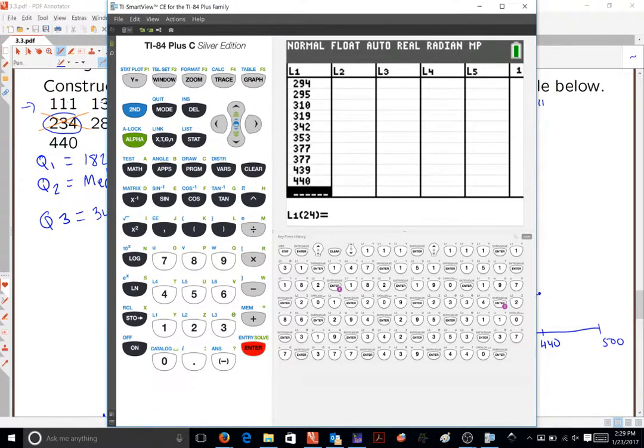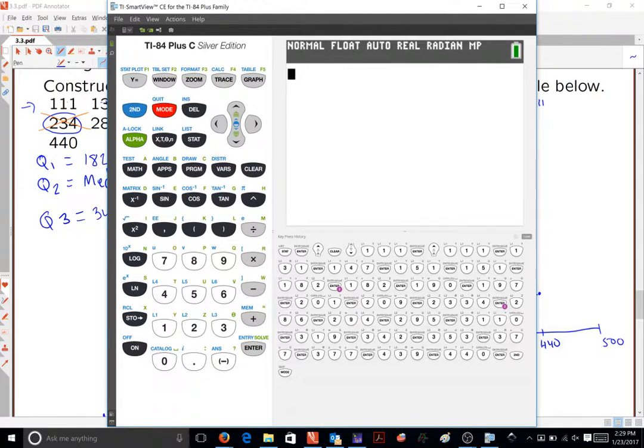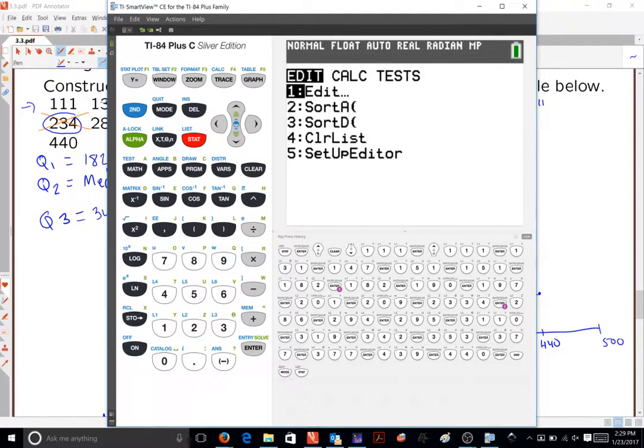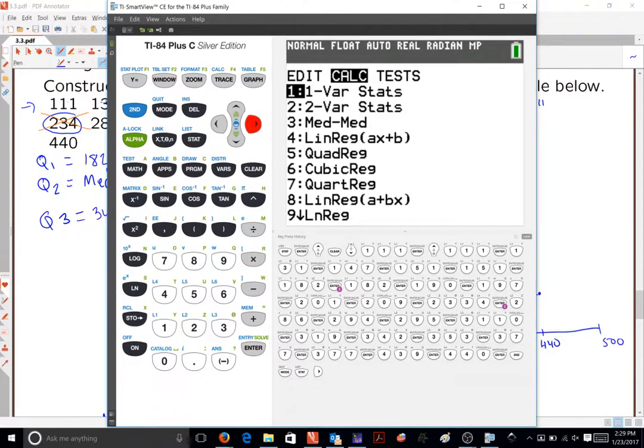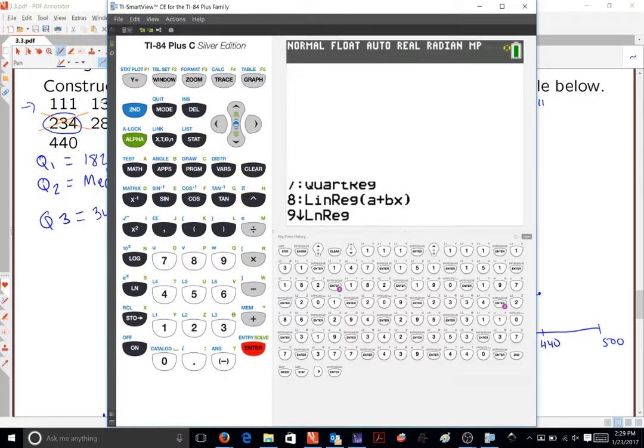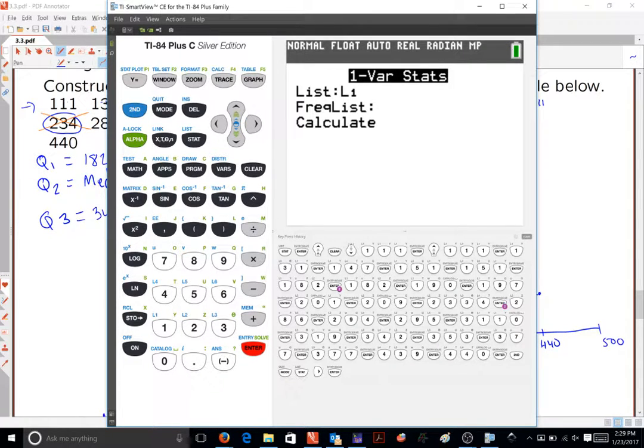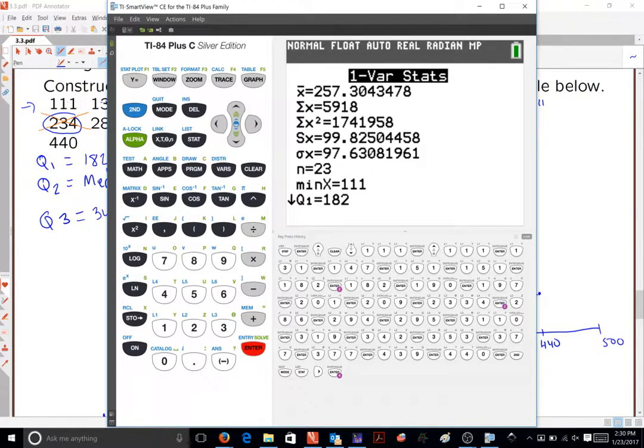Yeah, that's it. Okay, so then exit your list, and now you want to go to Stat, Calc, One Variable Statistics. If you didn't put it in list one, then you have to type in the list name at this point. I put it in list one, so we're good. And it will calculate it for you. The minimum is right here.